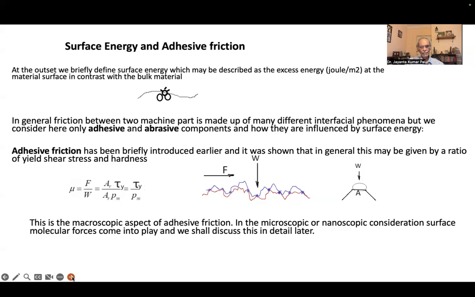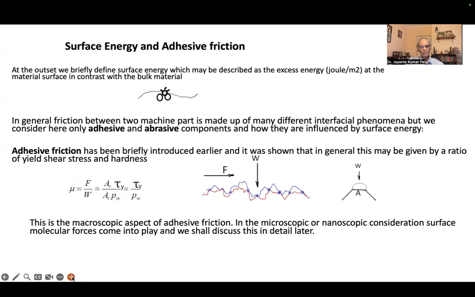Therefore, if AR is the contact area, F is AR multiplied by the yield shear stress of the bond, tau y. W, the normal load, will again be AR, the contact area, multiplied by PM.